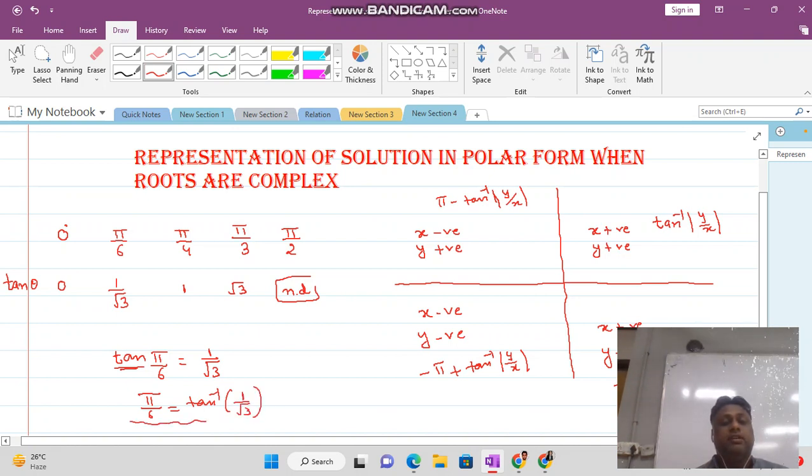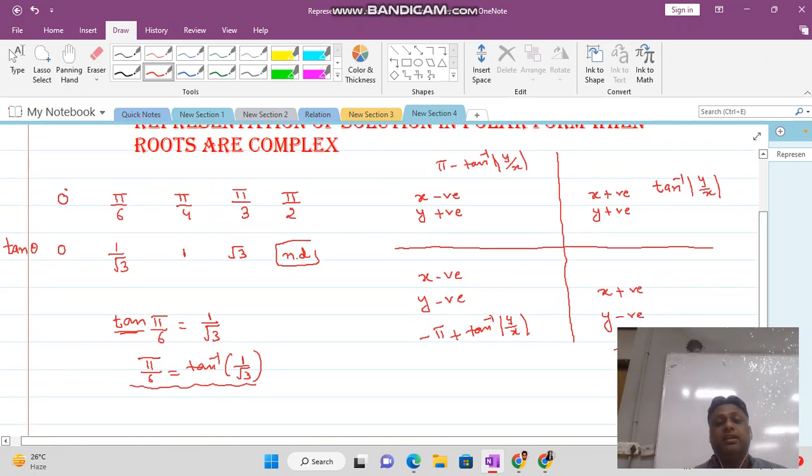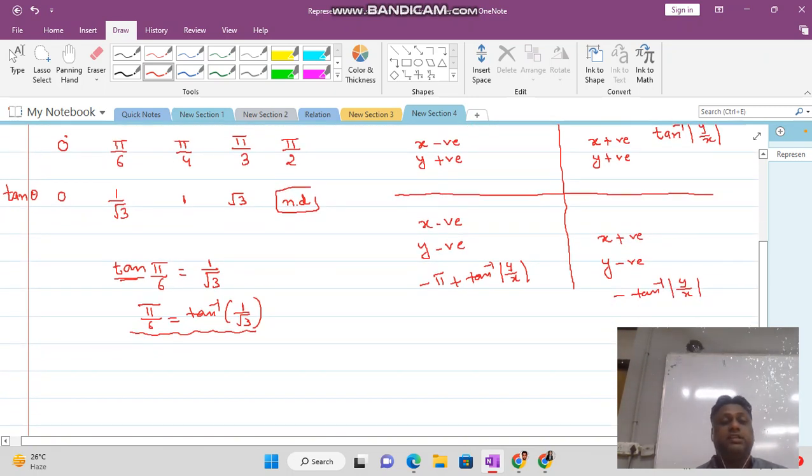Likewise, tangent 45 is equal to 1, so tangent inverse 1 is pi by 4.